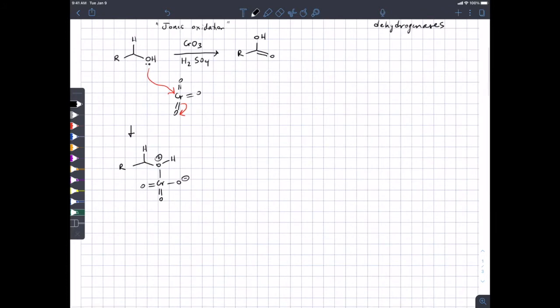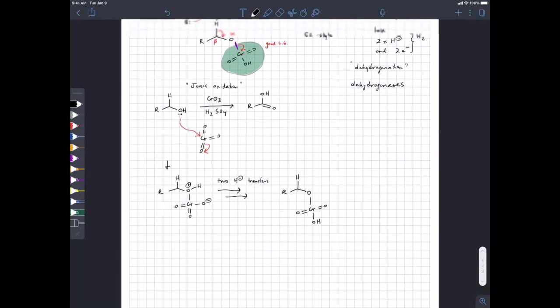we had this zwitterionic intermediate with a plus charge on the oxygen and a minus charge on the other oxygen. I won't show you the 2 proton transfer steps because those are in the PCC mechanism. 2 proton transfers that generates the familiar chromate ester that I drew up above.